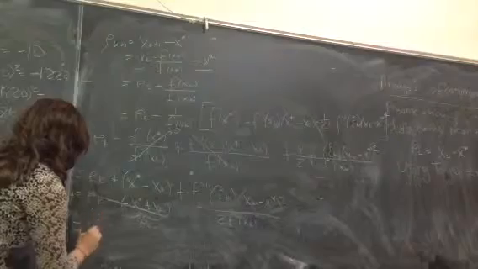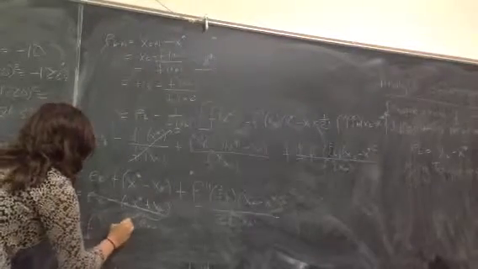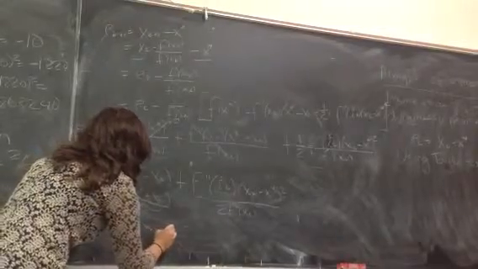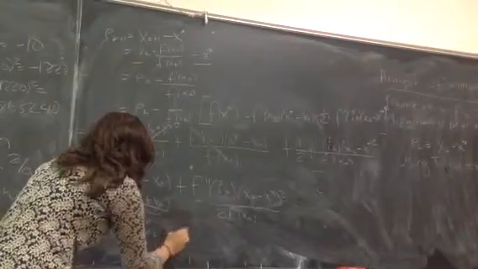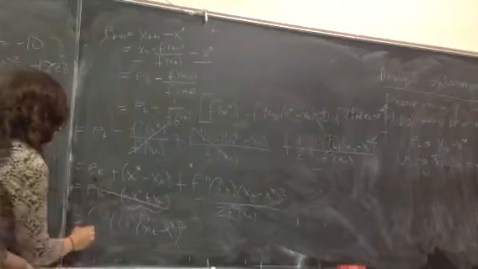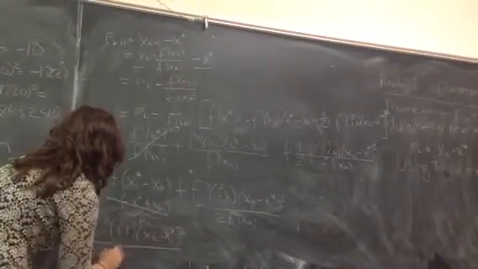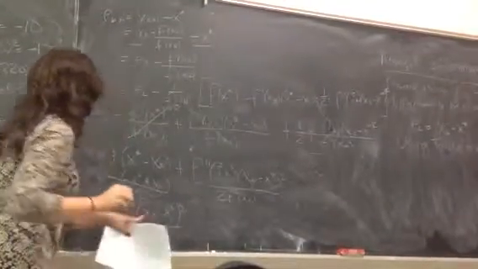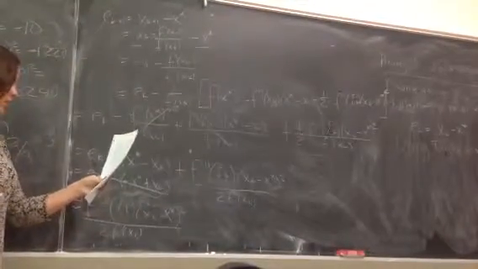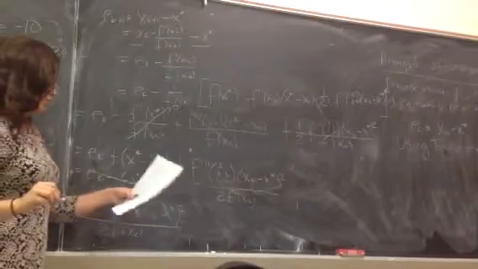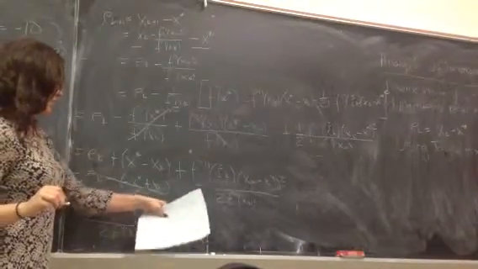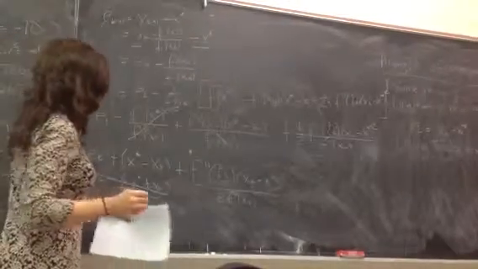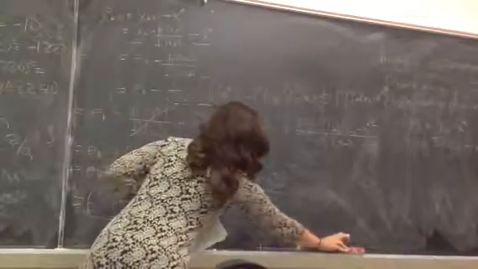And then what we have left is f double prime of eta_k times (x_k minus x star) squared all over 2 times f prime at x_k.